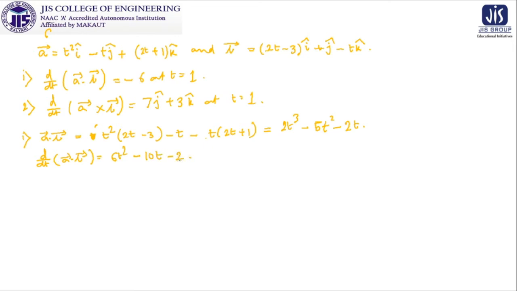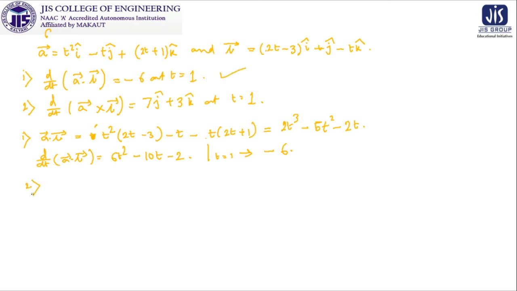Your job is done. Now at t equal to 1, putting t equal to 1 there, we get 6 minus 10 minus 2, that is 6 minus 12, that is minus 6. Clear? So the first one is done.